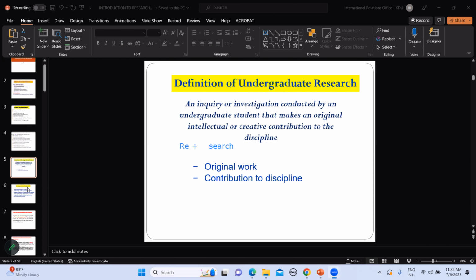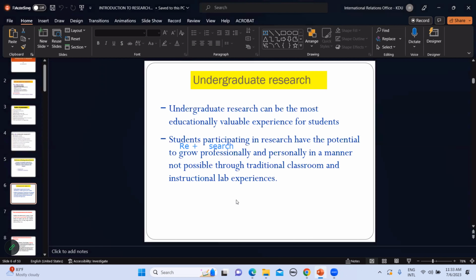Then you understand me, right? Undergraduate research can be the most educationally valuable experience for you. For example, now in the universities, other technology faculties are conducting undergraduate research symposiums. Now, in KDU, you have the IRC, International Research Conference, which will be held on September 7th and 8th.